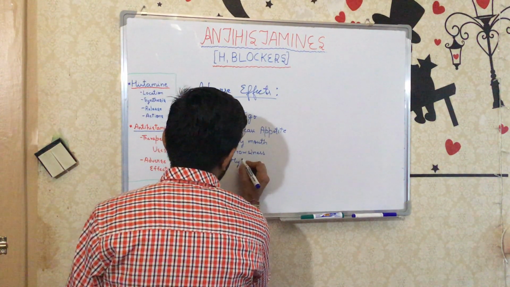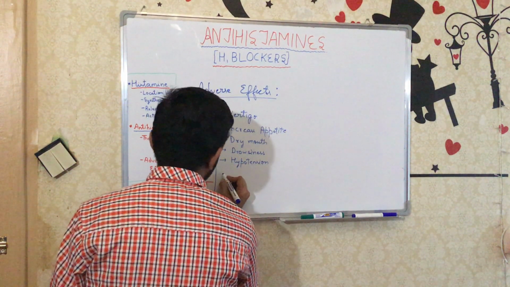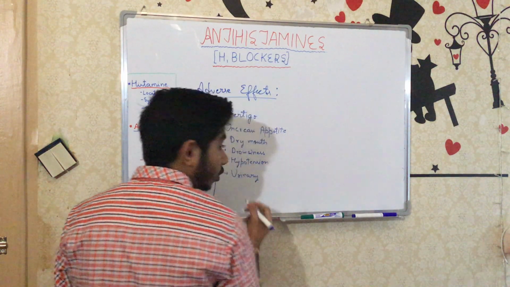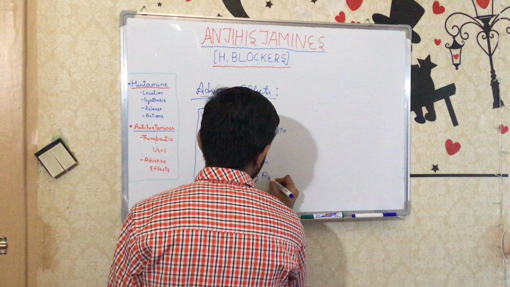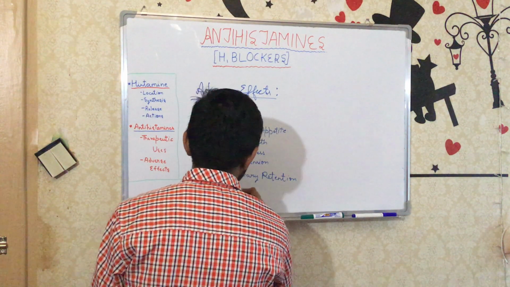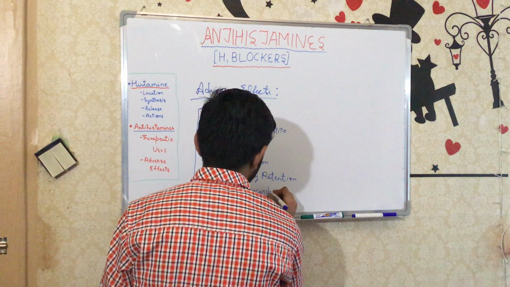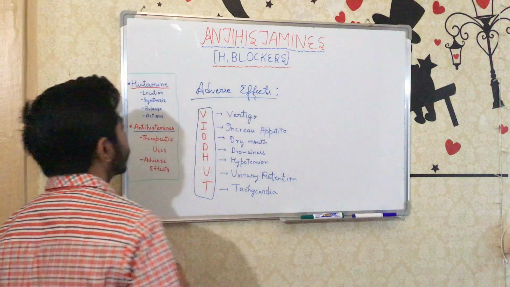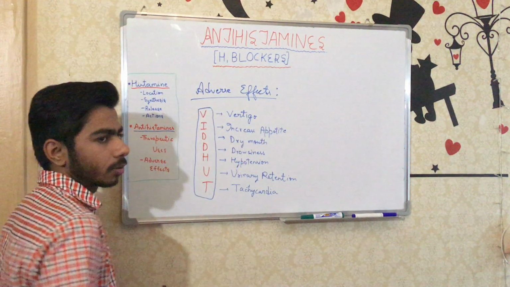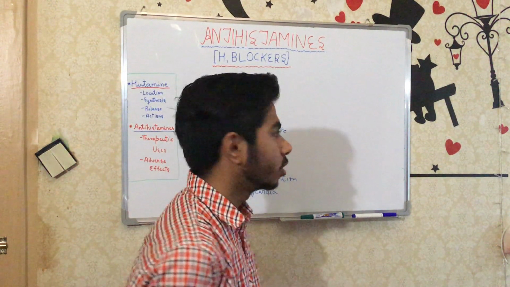H, as they cause vasodilation, they can cause hypotension too. U, again by the blockage of cholinergic receptors, they can cause urinary retention. And T, they can also cause tachycardia. So you can remember the adverse effects of antihistamines by the term vidyut. I hope this will help you in remembering them.